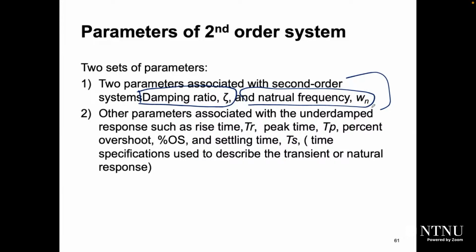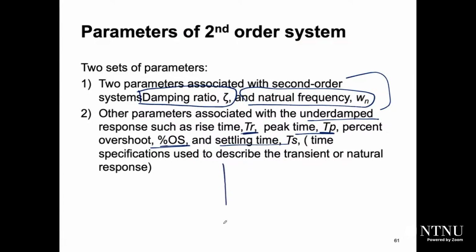But there are some other parameters which are associated especially with the underdamped response, such as rise time, peak time, percent overshoot, settling time, which are used to describe the transient or natural response of the second order system.